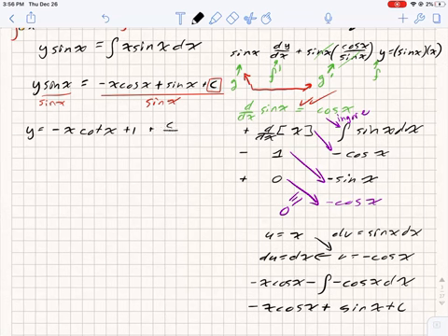And we're going to have a constant over sine x. But actually, let's erase this, because simplifying when you're doing linear differential equations sometimes makes things more complicated than they need to be.